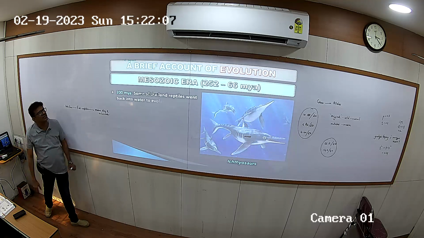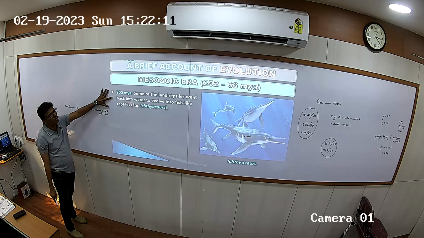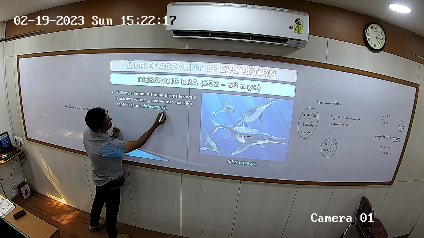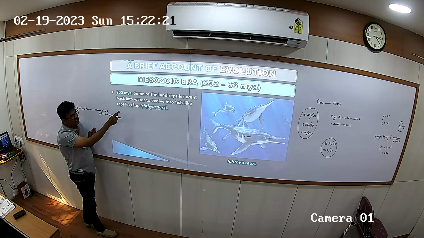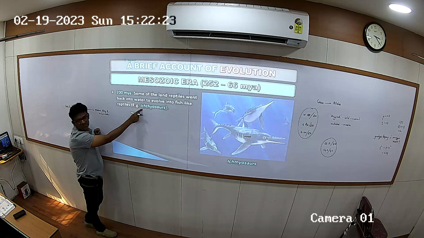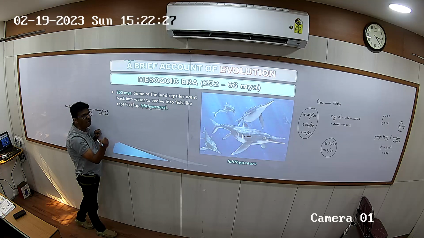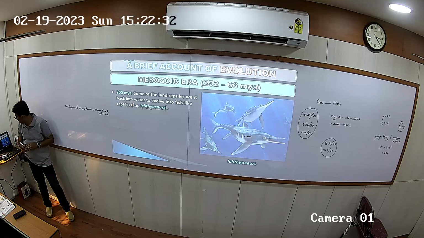200 million years ago, some of the land reptiles went back into water to evolve into fish-like reptiles. Ichthyosaurs. Saurs is for reptile and ichthyo is for fish. I told you. This example is given. Ichthyosaurs are the reptiles which moved back into water.